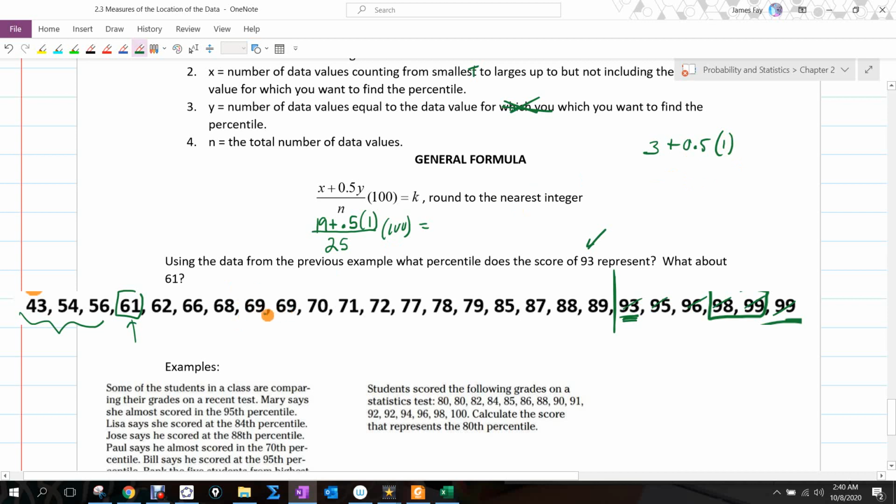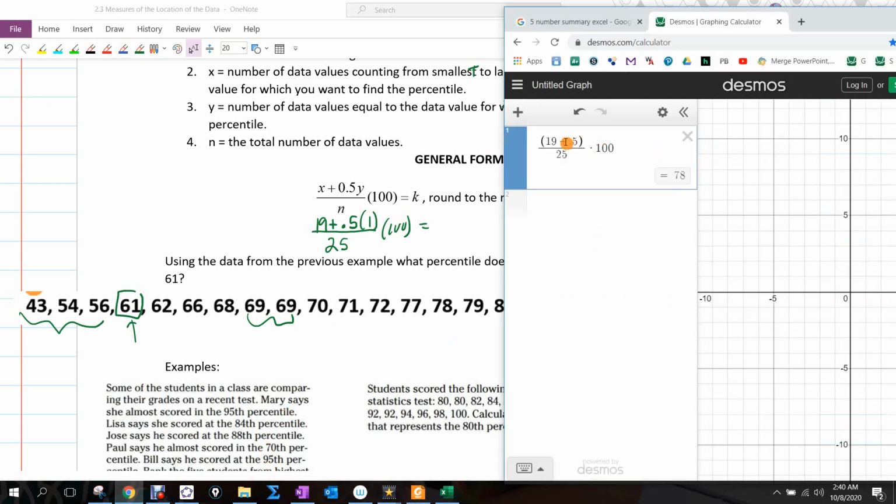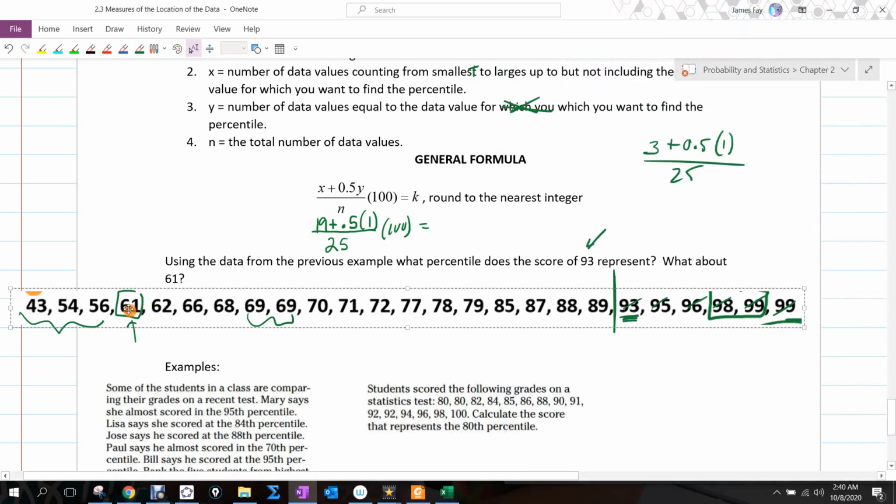If they were asking me like 69, there'd be 2, and that number would change to 2. And then we'll divide by 25, and then just change that to a percentage. So we get 3.5 eventually. We get 14. So if you scored 61, you were in the 14th percentile, meaning you did better than or equal to 14% of the people who took that test.